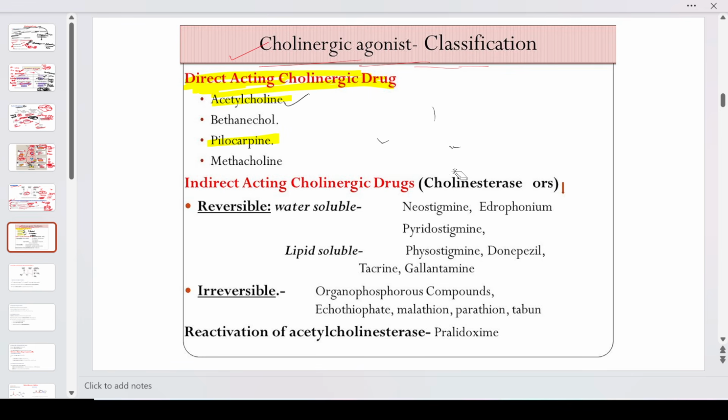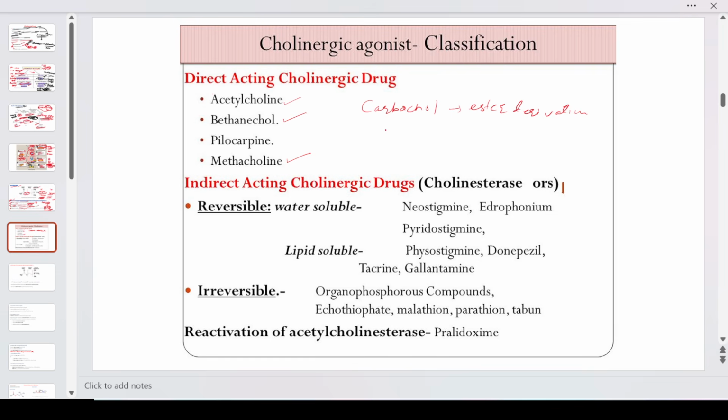I want to clarify one point. Acetylcholine, bethanechol, methacholine, and carbachol are ester derivatives.